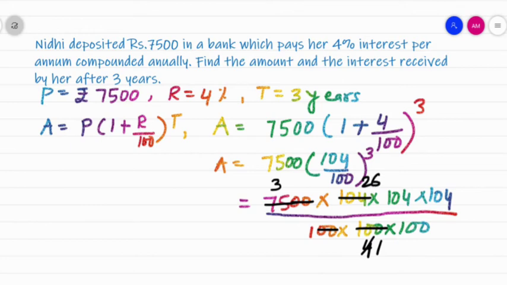Here also 4 25s are 100. Better we shall not cancel here, because multiplying and then dividing by 100 will be easier for us. So let us not cancel here.